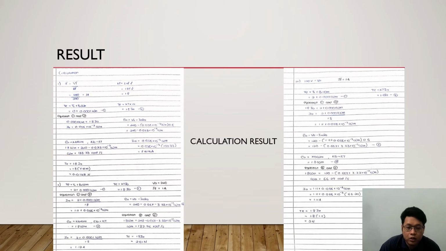So the speed is 133.33 radian per second, the IA is 7.41 milliampere, the torque is 0.0133 newton meter. As for the IF, it is equal to 1 ampere. That is for condition 1. For condition 2, the IF is the same, and we use the same formula for condition 2 and condition 3.